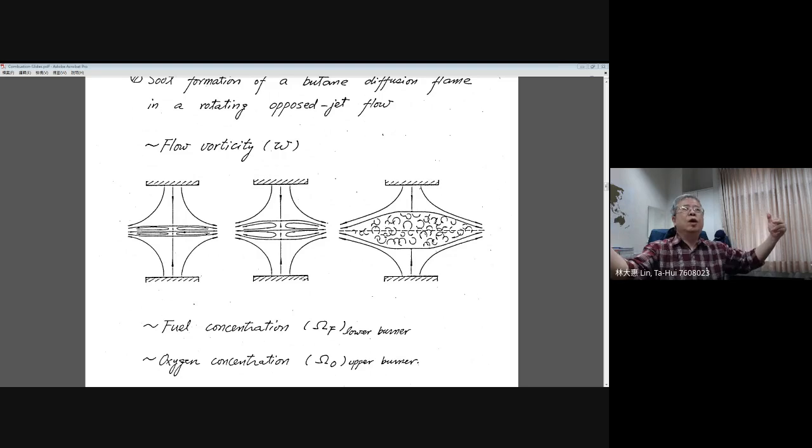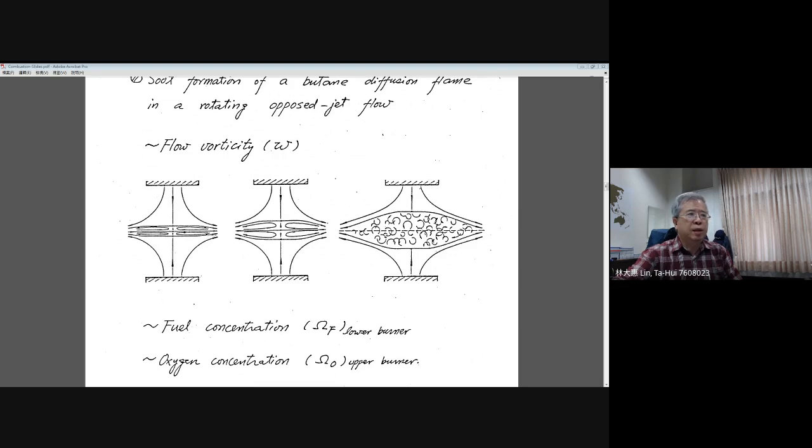Then the flow will move in a different direction. Actually, that means the velocity will diminish to zero, right? And the flow will reverse from the outer surroundings to the inner region, which means in this case you will produce a so-called recirculation zone here.